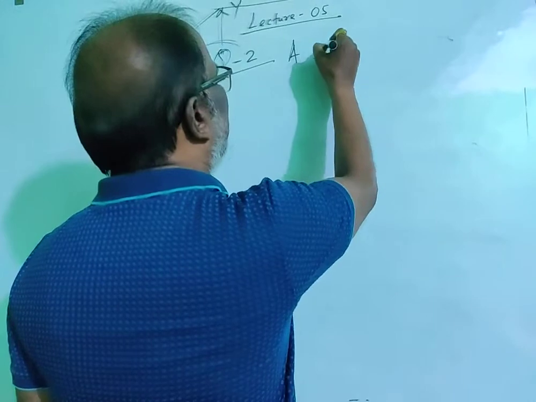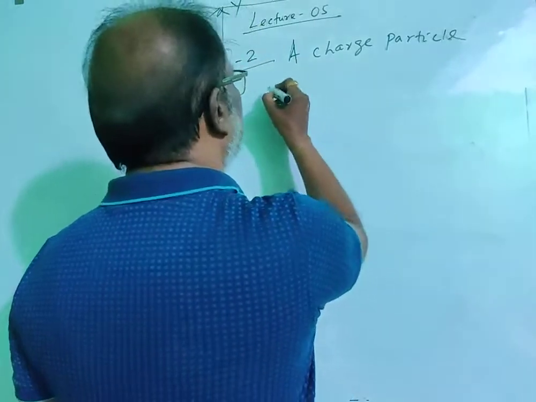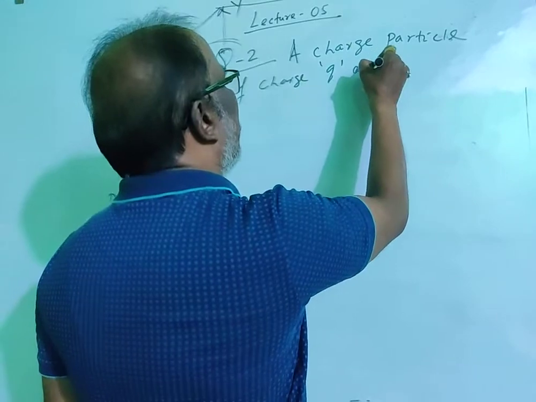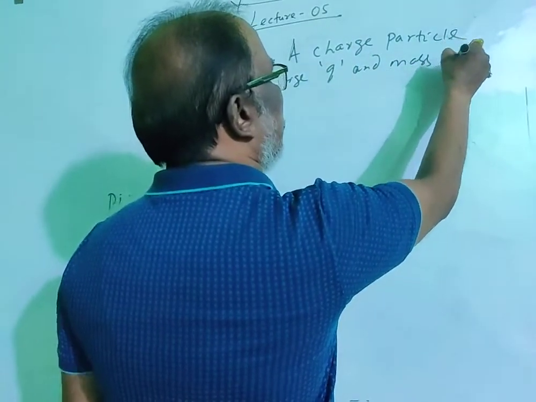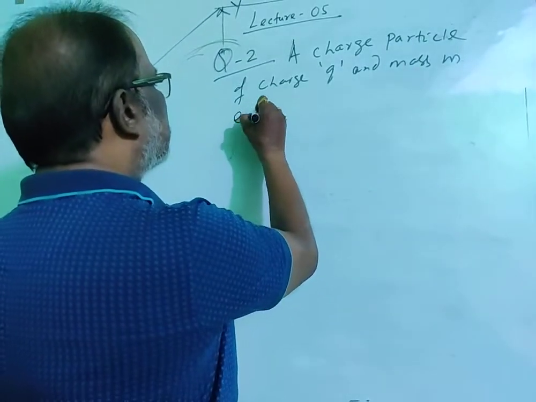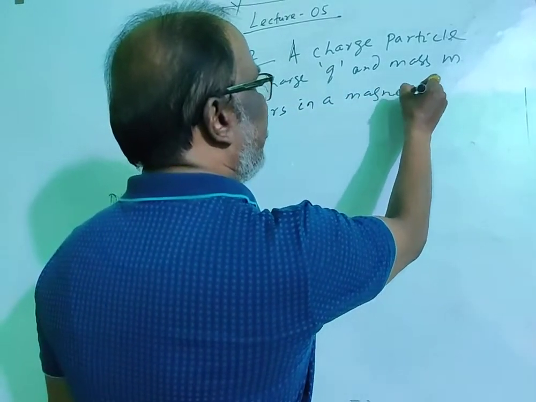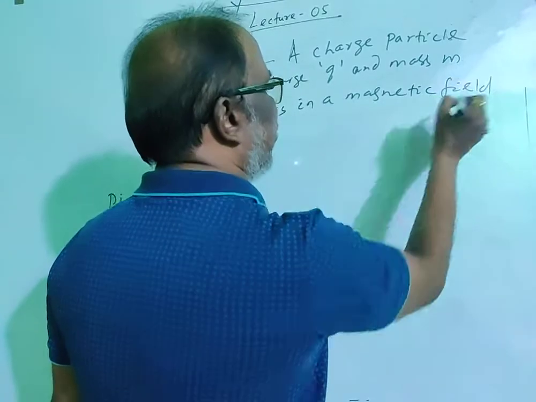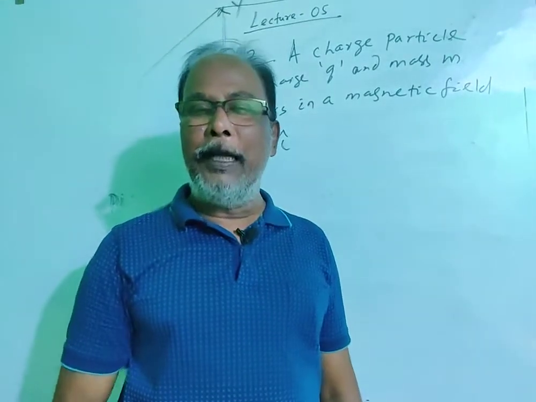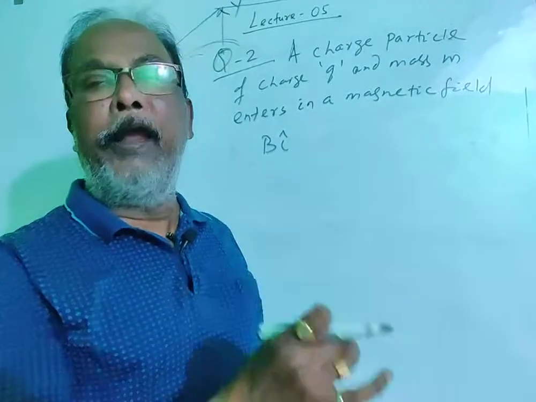A charged particle of charge Q and mass M enters a magnetic field B i cap. See, the magnitude of the magnetic field is B, direction is along positive x-axis, meaning B i cap.